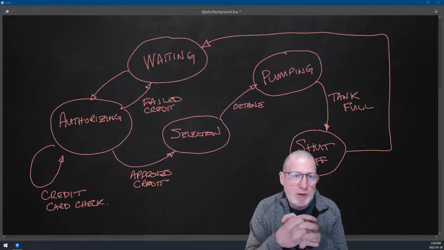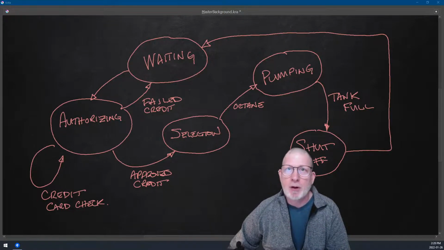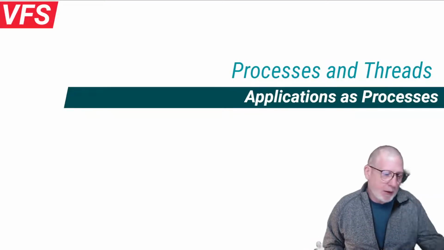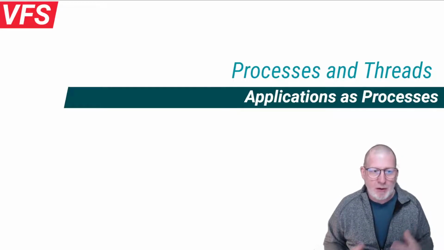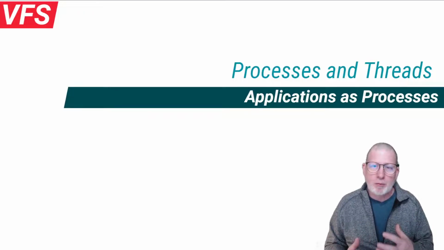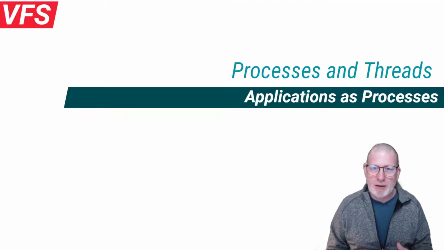Now, this is one of the tools we use. At this point, we're going to dive into some of the other tools we can use. When I leave you with the slides, there's some additional stuff in there. You can actually use a state diagram when you're dealing with multiple threads to help you visualize how you would keep your multiple threads from running into each other, from deadlocking each other.